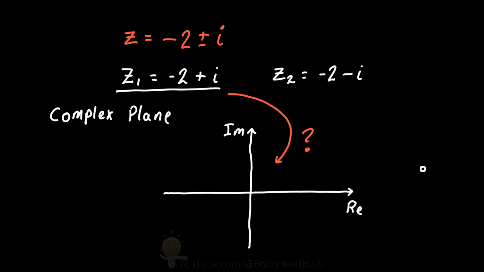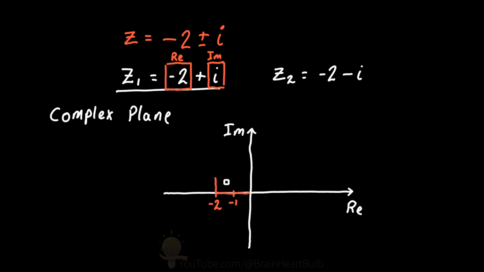How can we plot this? Well, we need to consider the real and imaginary components separately. So our complex number is telling us we need to move negative 2 spaces along the real axis, and by positive 1 on the imaginary axis. And we end up with a plot point here.